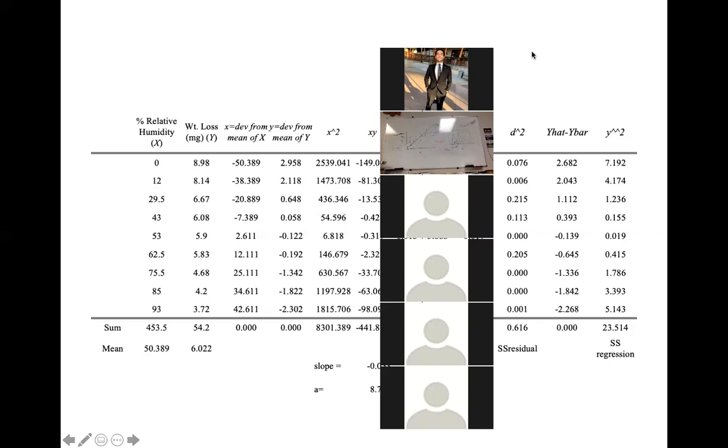So in this way, regression is analogous to ANOVA. It's just that in an ANOVA, the model is looking for variation among the means. In this case, the regression is looking at deviations from the grand mean that are due to the fact that you have a regression line that doesn't have a slope of 0.